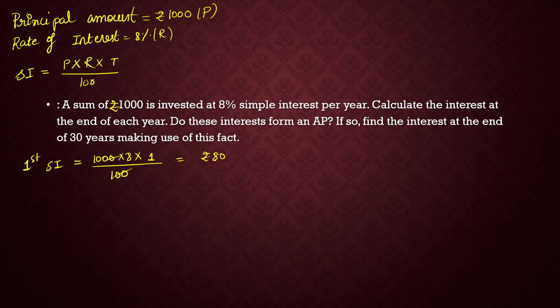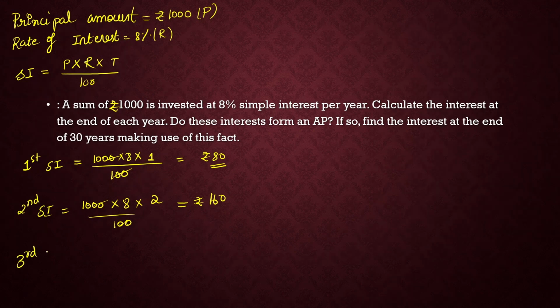80. For the second year, the simple interest is equal to P is 1000, R also remains same, but time now changes to 2 divided by 100. So that is equal to 160. Now for the third year, just find for the first 4 years because they have asked here if it forms an AP or not.